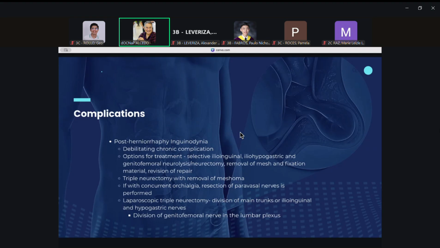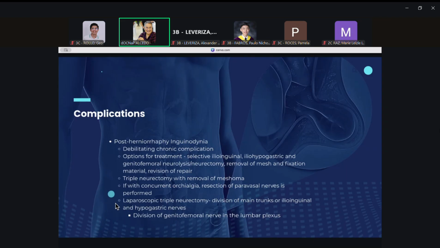So it's very debilitating, and treatment can involve lysis of the adhesions if it is just adhesions, or if there is a neuroma or myxoma, then you have to take care of that. Some would even result in performance of a triple neurectomy, with the removal of the mesh.